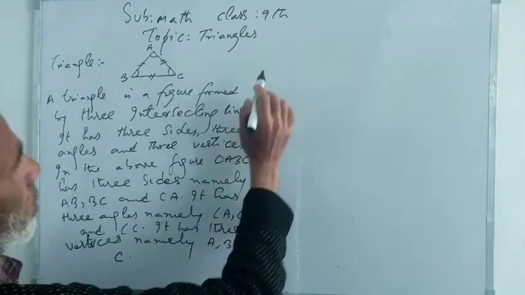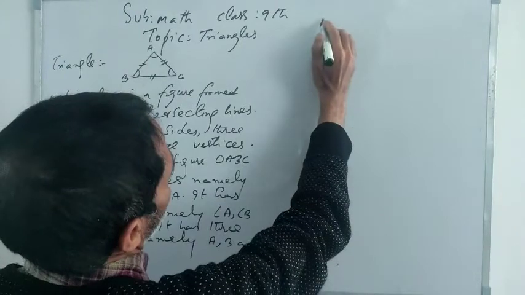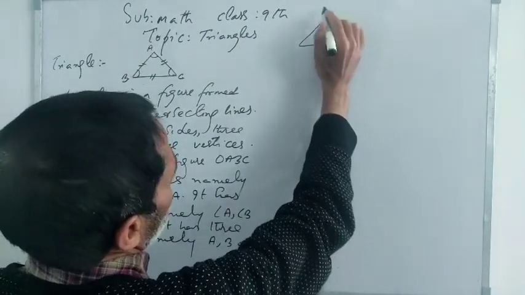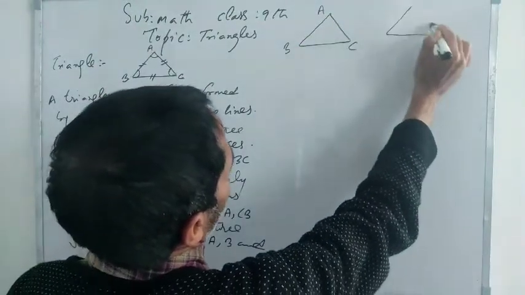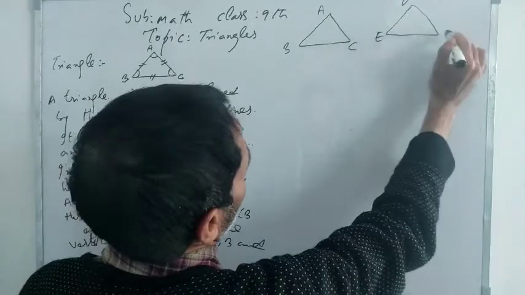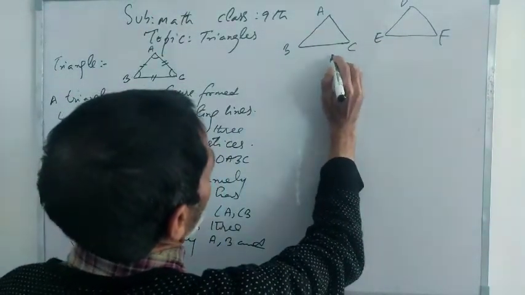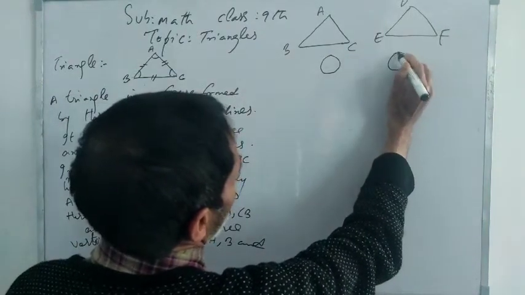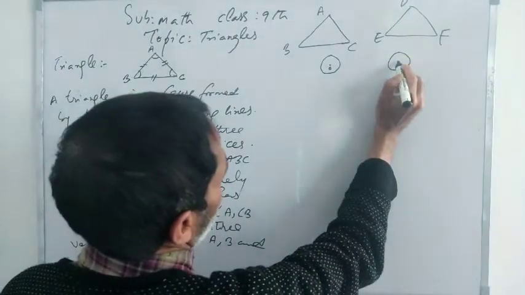After this, we will explain what are congruent figures. For example, these are some figures A, B, C and D, E, F. This is another figure. These are two circles with centers O and O dash.